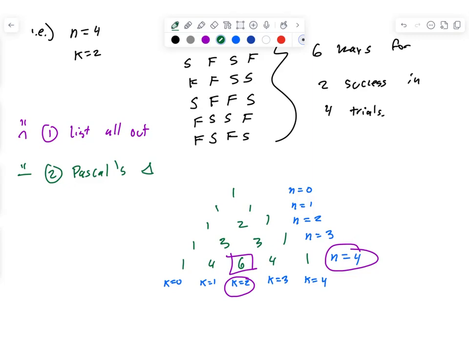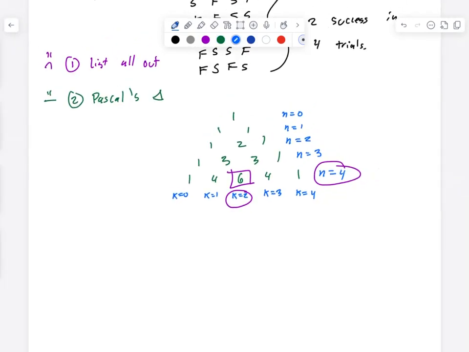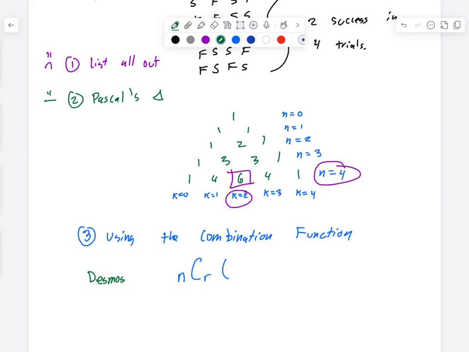I wanted to show you what we're doing. There is a better way. Method 3 is using the combinations function. What's the combination function? It's written lowercase n, capital C, and then an r. This is in Desmos. It's technically in all calculators, but in Desmos, it'll be nCr and then a parenthesis, and we input the values n and then r.